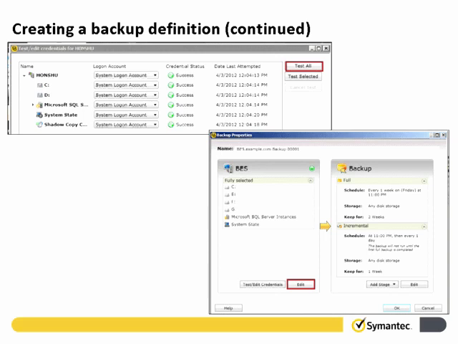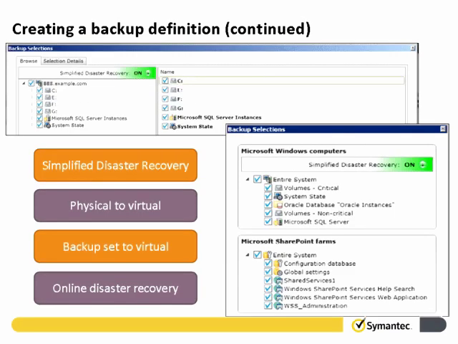If I want to edit the selections, I go back to the screen where we saw the properties and click the edit button, and it will show me details of the selections that you wish to back up. Again, that simplified disaster recovery is a banner at the top that shows me that it's on, and you have the whole dynamic inclusion.